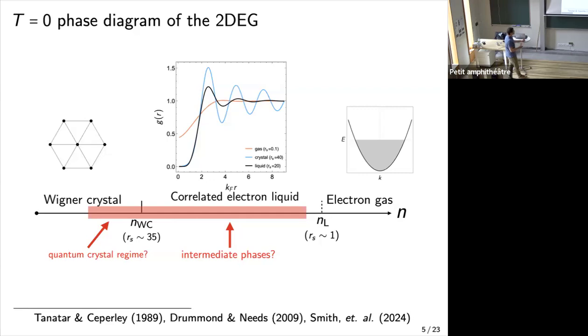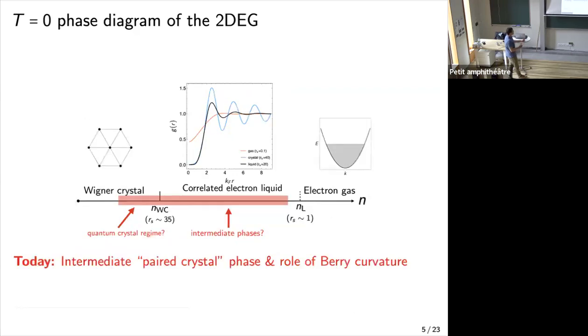The thing I want to tell you about today is an idea for an intermediate paired crystal phase. I'll explain what I mean by that in just a little bit. And also the role of Berry curvature of the host electronic band on this paired crystalline phase. We'll see that there is actually a tendency towards pairing of electrons in this intermediate RS regime, and that's going to be driven by the quantum fluctuations of the system.